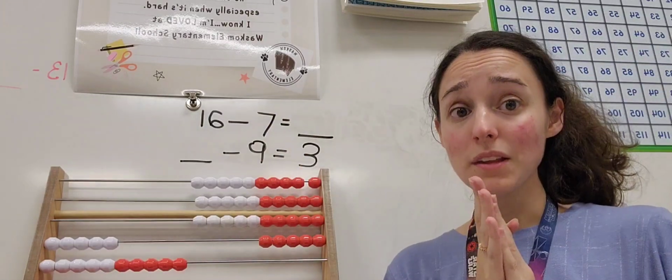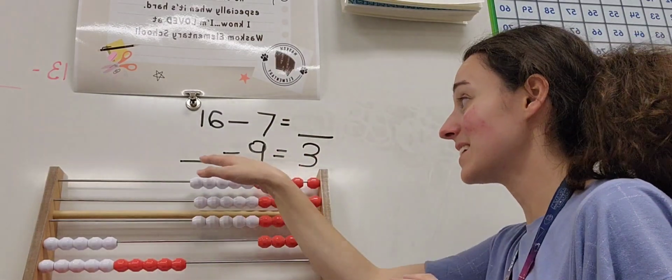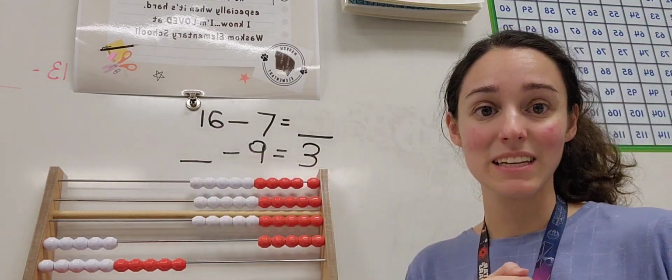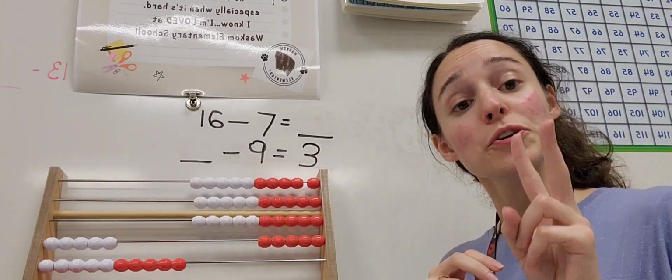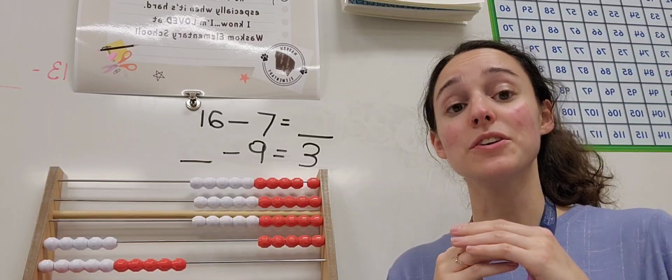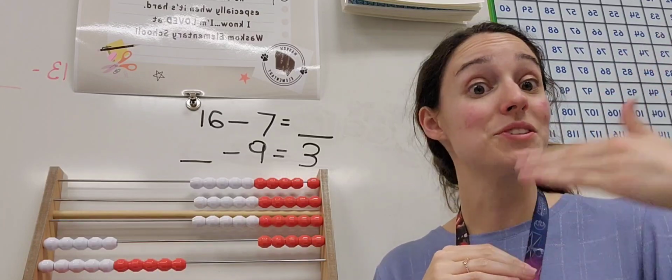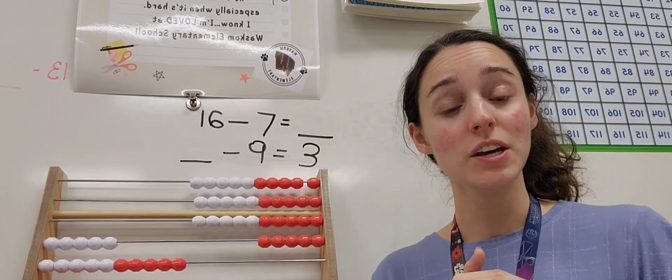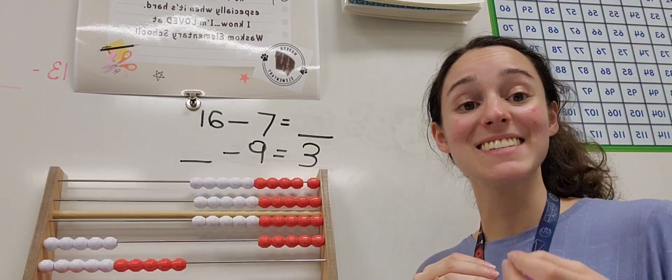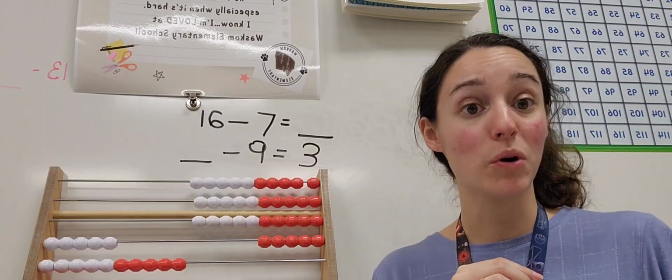Now, this can also be used whenever they see that there's a missing piece. There are two ways that they can solve this. They can either count on by counting up, by changing it to addition, or they can test numbers that they think might work.